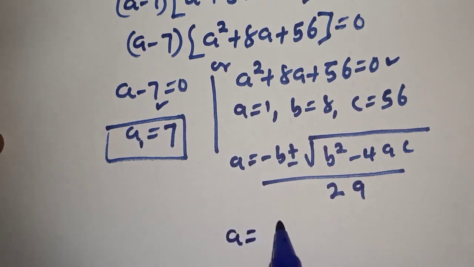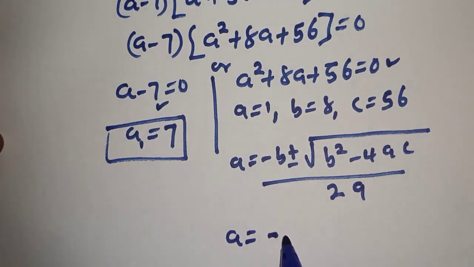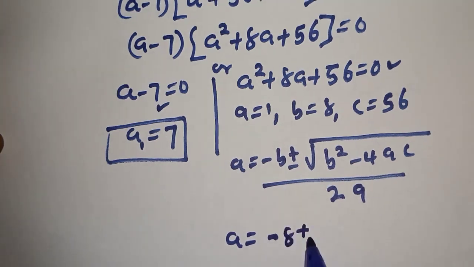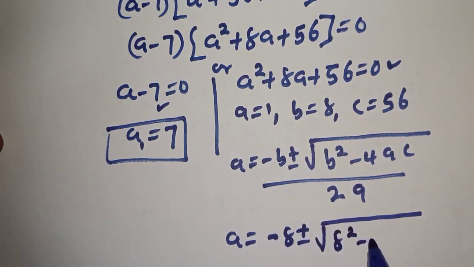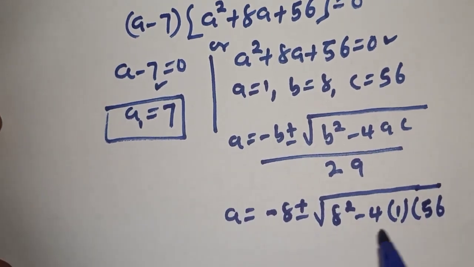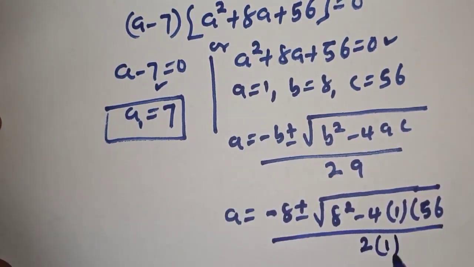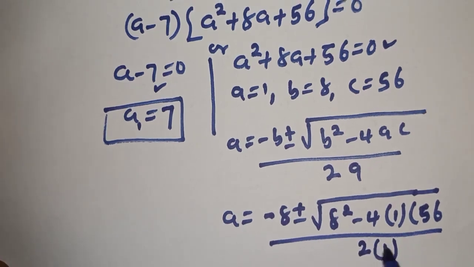A is equal to minus 8 plus or minus square root of b squared, this is 8 squared minus 4 multiplied by 1 multiplied by 56, over 2 multiplied by 1, or the discriminant.